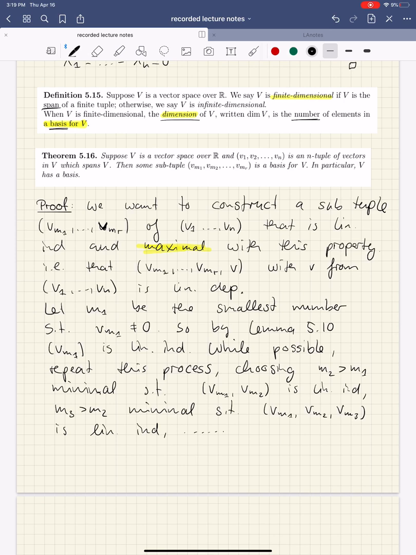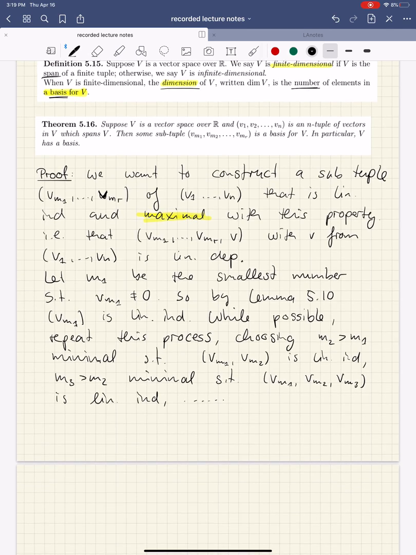And this process now has to come to an end because we have a finite tuple. At some point, I'm going to get to the end of this tuple.